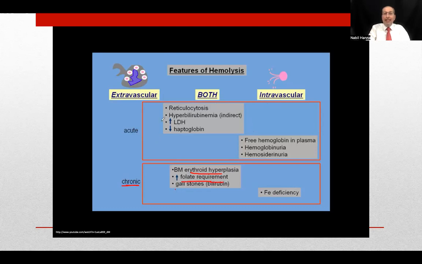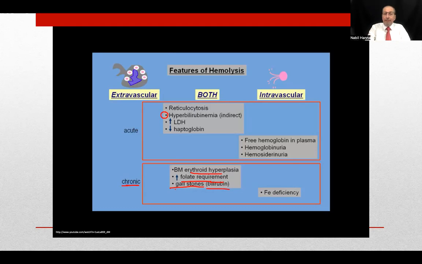And this indirect bilirubin, the liver will keep converting it to direct bilirubin and will store this direct bilirubin in the gallbladder. So these kids can develop gallbladder stones, bilirubin stones. So if you have a gallbladder stone in a 7-year-old, in an 8-year-old, 9-year-old, that's very unusual, and that's a feature of hemolytic anemia, usually congenital.